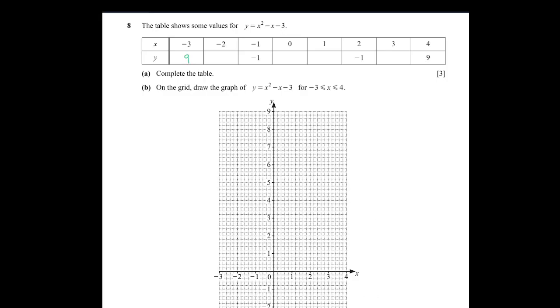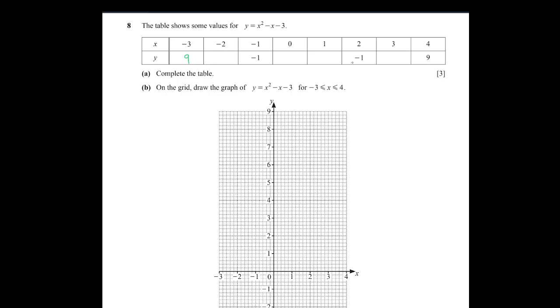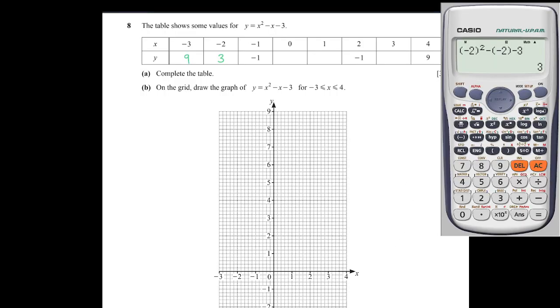Next, put the value minus 2 in place of minus 3. Next 0. Is minus 3.